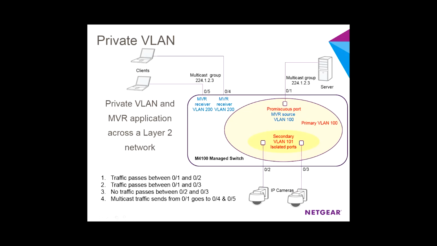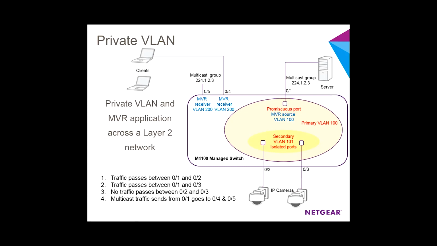So the traffic goes from the camera, for example, connected in port number 2, to the server. The traffic passes also between the camera and the server again, but as you can see on the point, no traffic passes between 02 and 03. So between the cameras there is no traffic. That limits the possibility of the ransomware to infect other computers.